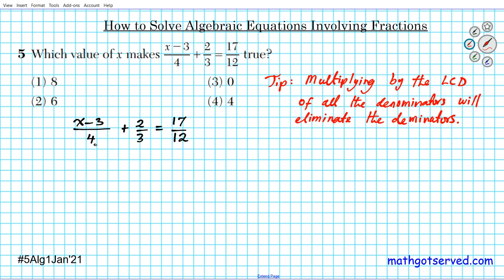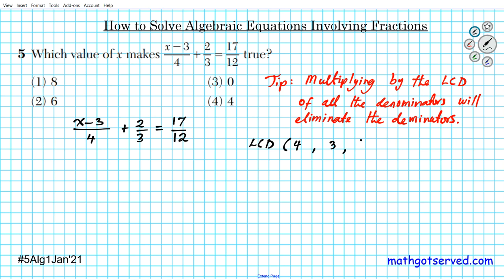So the denominators are 4, 3, and 12. Let's find the LCD of 4, 3, and 12, basically the smallest number that 4, 3, and 12 can go into evenly. There are different ways to do it.